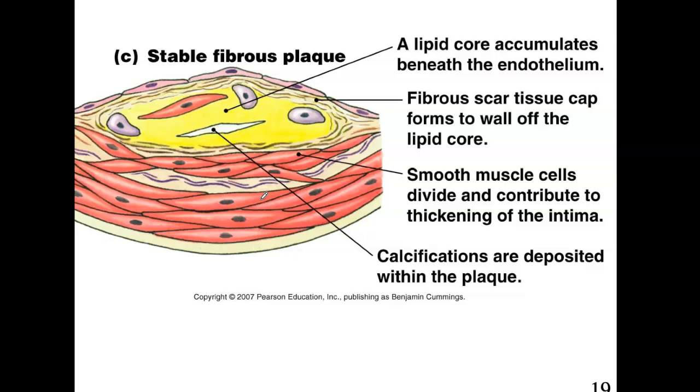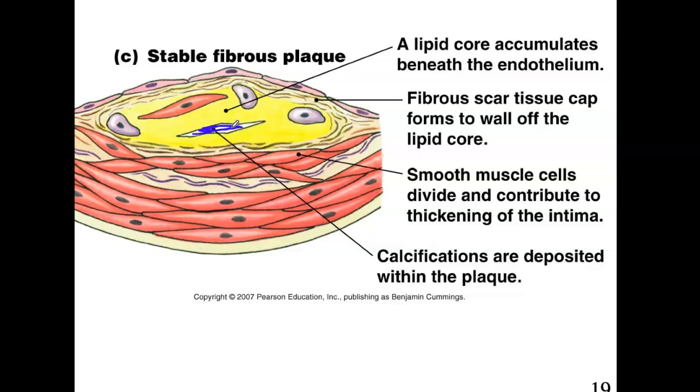If we progress to the next stage, where you would have a stable fibrous plaque, you have lots of the cholesterol still accumulating. You still have those foam cells. You still have muscle cells that are out of place. And maybe you also have calcification. So this here is all calcium deposits. That sounds pretty nasty because you can feel that very hard inside the arteries.